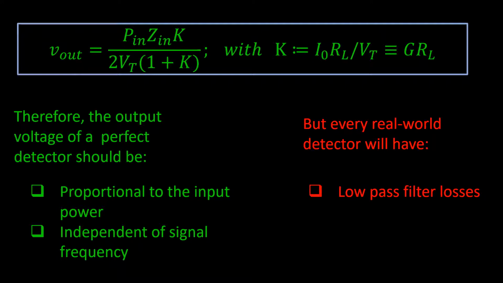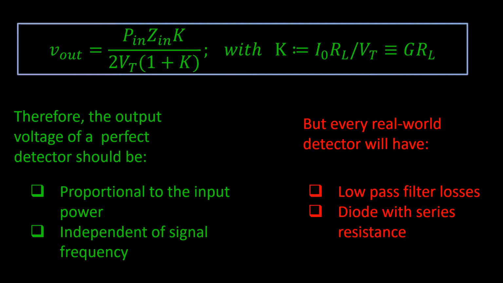We can have losses at the filter stage that might need us to include additional resistors in our model. For instance, if the parallel capacitance is lossy, we would be forced to add a parallel resistor. We also have deviations from the perfect square law due to the series resistance of the diode.